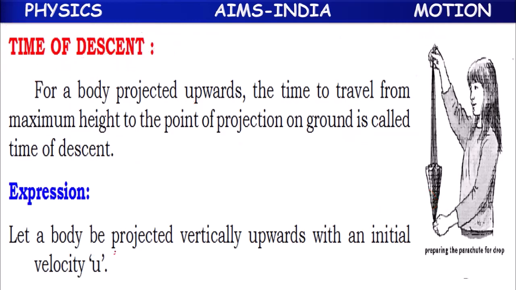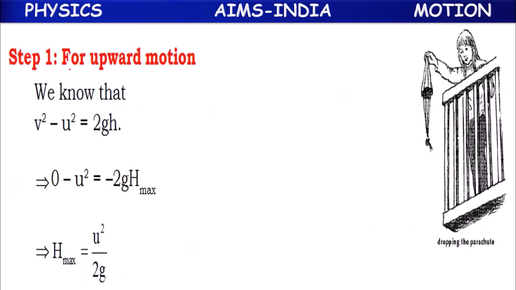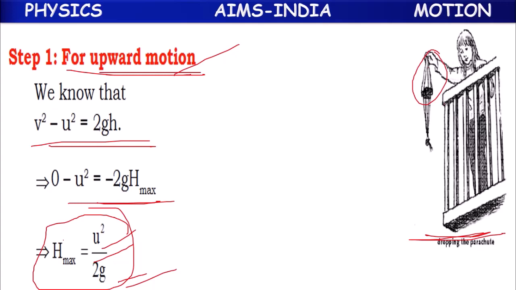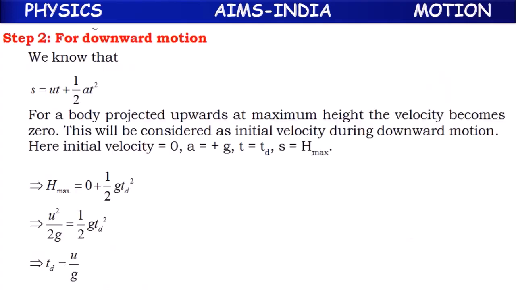So if the body is projected with the velocity u, for upward motion, as we have just seen in the calculation, h max equals u square by 2g. For upward motion, we got this h max value. If we drop the parachute, then at what time will it hit the ground?